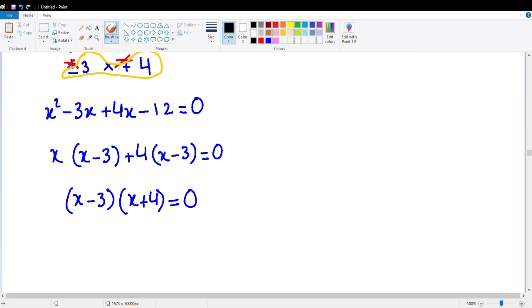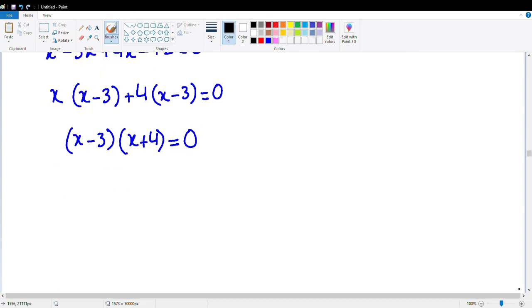And now what we're going to say is, since their product is 0, either one of them is 0, because they're factors of the equation. So we're just going to say that either, we don't know which one, so either x minus 3 equals 0 or x plus 4 equals 0.